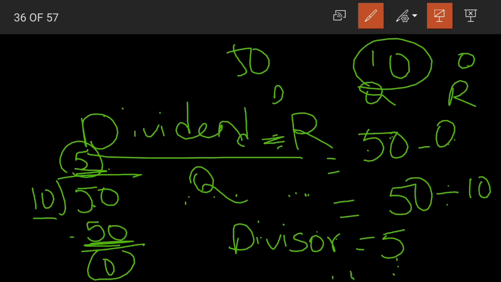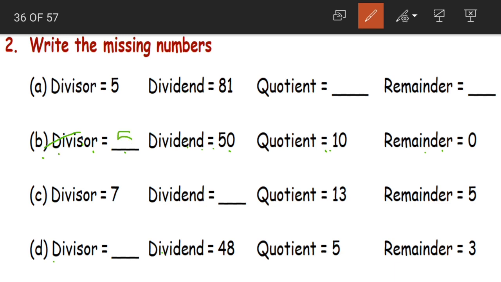How did we get it? Dividend minus remainder. First subtract both of them and then divide the difference by our quotient. So 5 is our divisor.